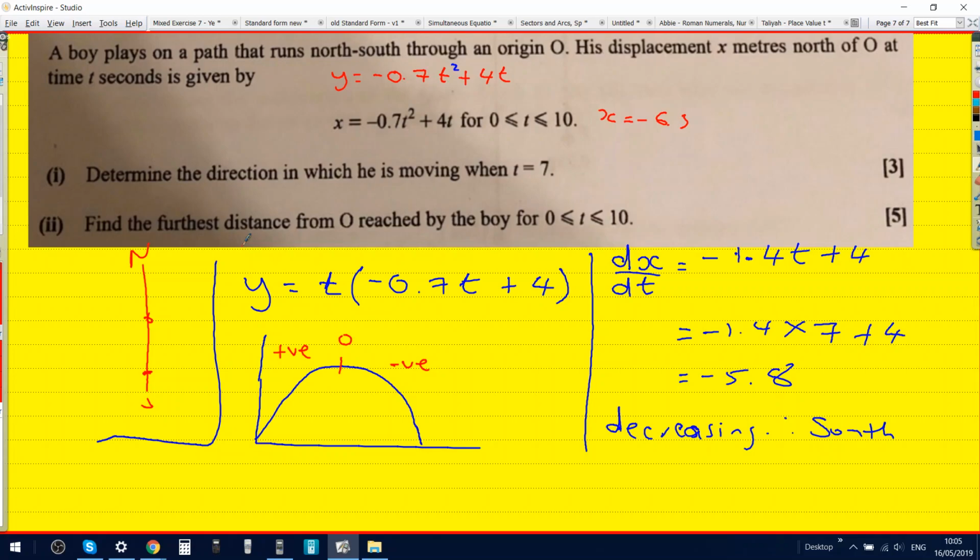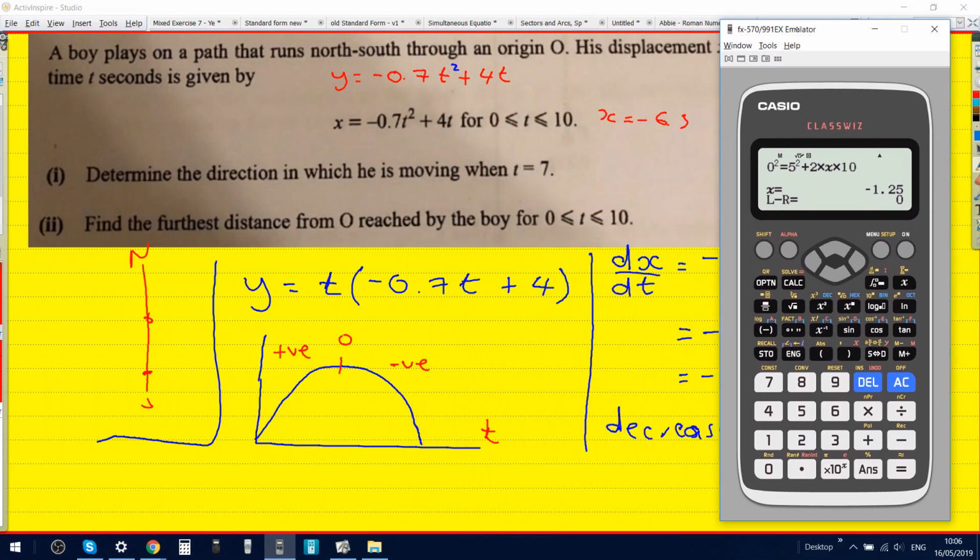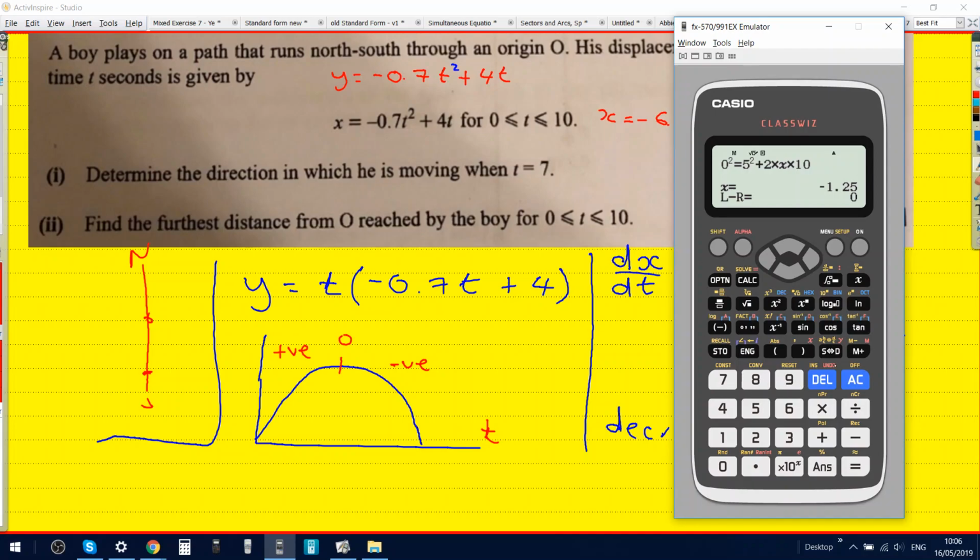Find the furthest point. Do we sub t equals 10 in? I'm subbing in 10 just to see what I get. So that's minus 30.